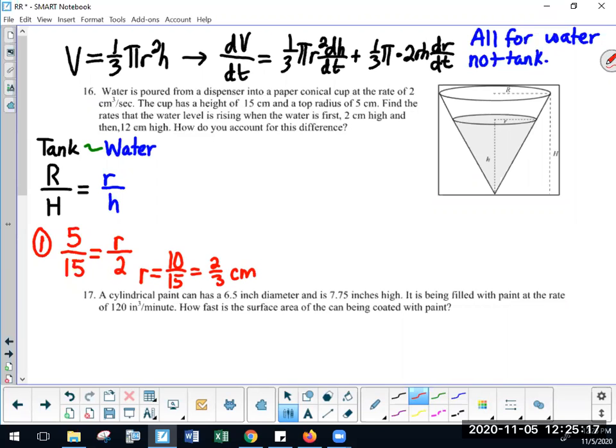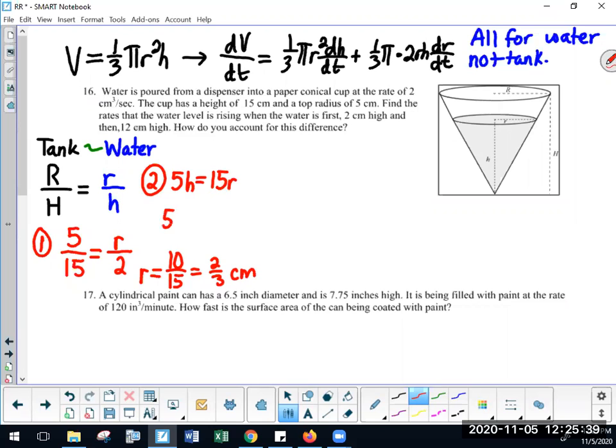The second and equally useful thing that we can do with this piece of information is remember that if we cross multiply, we have 5h, lowercase h, equals 15r, lowercase r.